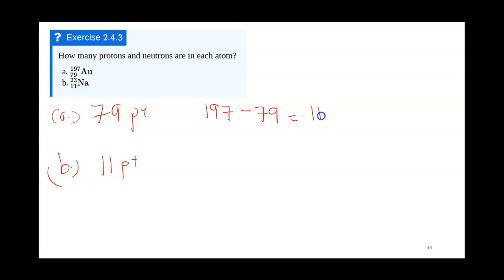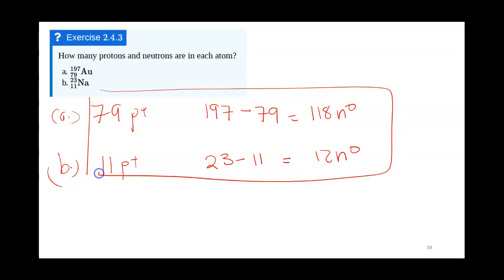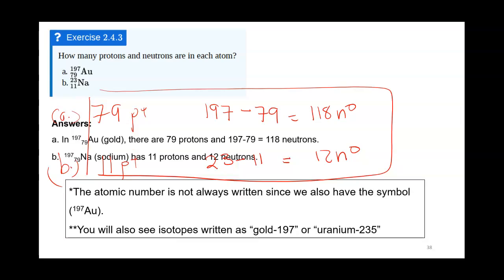And that means I have 118 neutrons for that particular isotope of gold. And then the same for sodium. And that means I have 12 neutrons for that particular isotope of sodium. So most folks don't have a lot of difficulty with these kinds of problems.